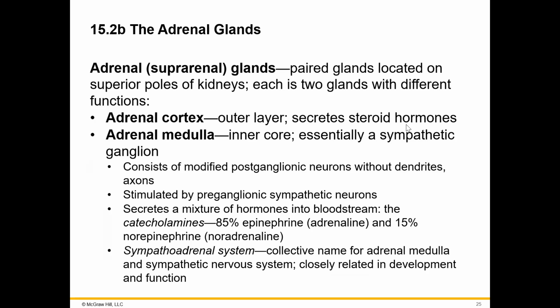All of these corticoids, glucocorticoid, mineralocorticoid, gonadocorticoid, are made of cholesterol. While the adrenal medulla is not making cholesterol, they make catecholamines. They secrete a mixture of hormones into the bloodstream. The catecholamines: 85% epinephrine and 15% norepinephrine.